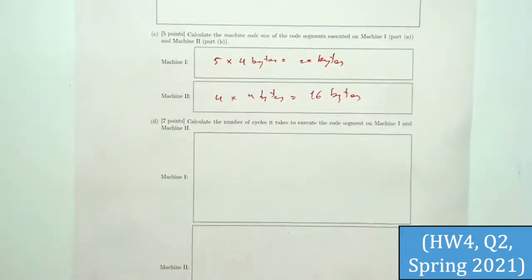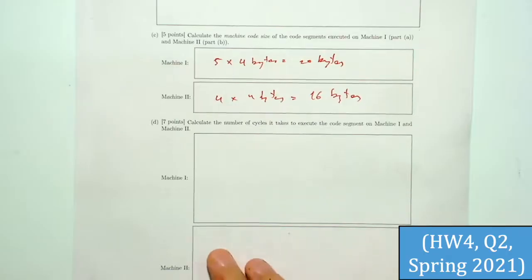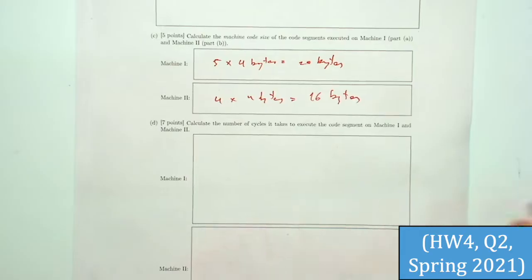Question? Isn't that a loop? So don't we have to multiply? This loop is executed dynamically, right? But you only need 4 instructions, for the static instructions.